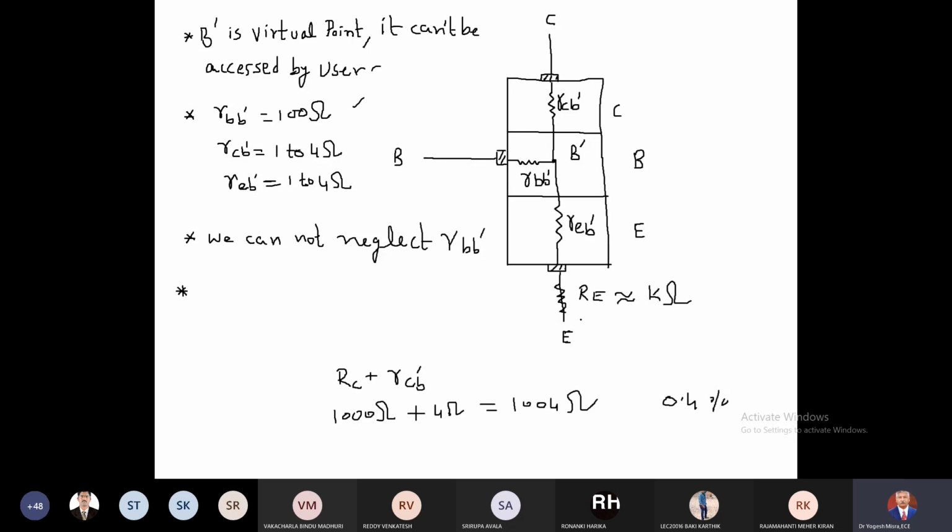So when this RE, which is in kilo ohm, comes in series with R_EB', where R_EB' is only 1 to 4 ohm, the overall variation in the effective resistance will be less. That's why you can neglect R_EB' also.